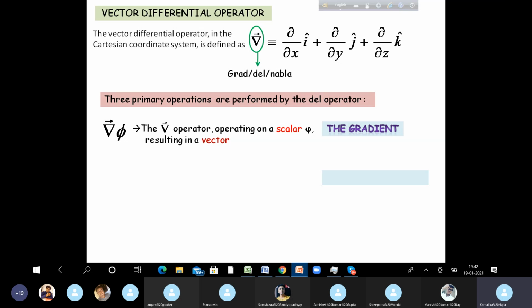I'm only introducing it; I'll go into details later on. What do you mean by taking the gradient of a scalar? It means you operate the del or grad operator on a scalar function, and by operating that you get a vector. So from a scalar you get a vector, and this action is called the gradient.